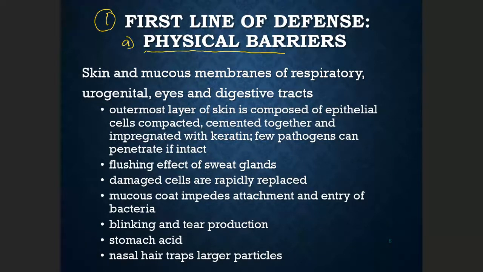Like for example, the skin structure. It has so many layers. So our skin, if it is healthy skin, will protect us against the entrance of many pathogenic microorganisms. But whenever there is a break in the skin, maybe there is a cut, that is the place where microorganisms will enter into our sterile body.